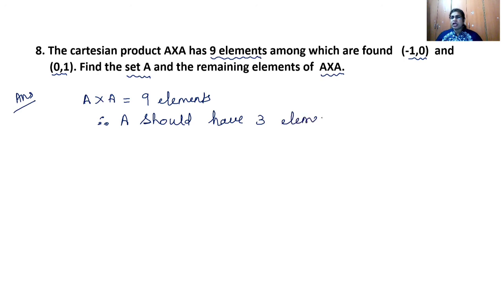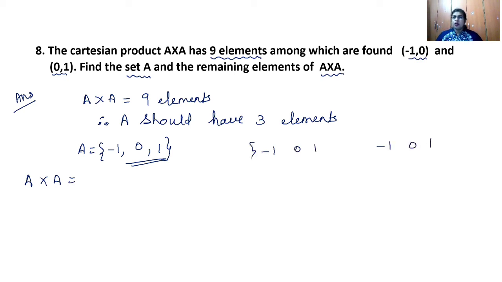Which are those elements now? Look at the ordered pairs. Can you see 3 different elements? Therefore, A is equal to -1, 0 and 1. These are the 3 elements of set A. This is the answer. Now we will find A cross A. Let us write -1, 0, 1 and -1, 0, 1, and pair them. Here you get -1, -1; -1, 0; -1, 1.